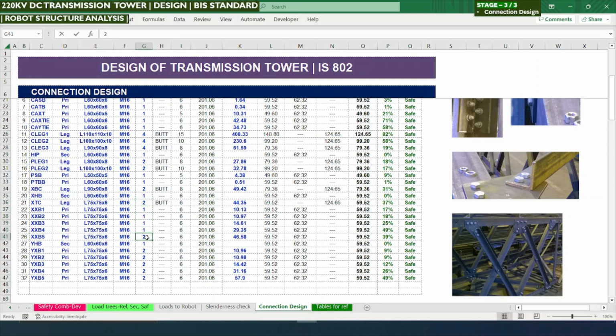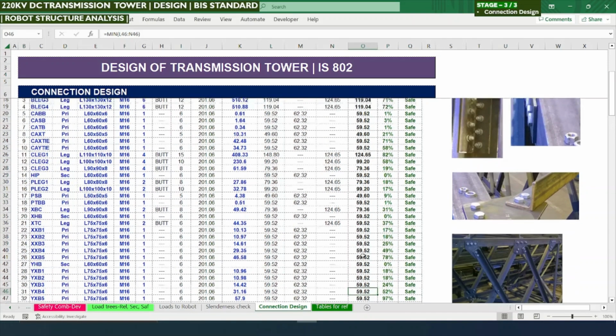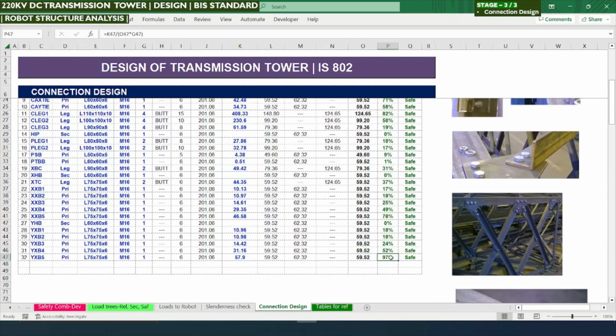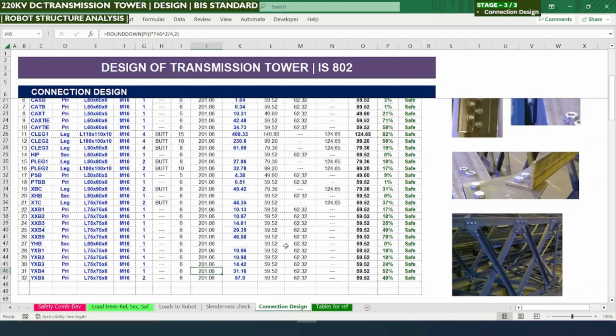One. So with one bolt all the bracings are safe. Even this bracing is having some 97%. If you are worried about this being near 100%, you can have 2 bolts, that's not a problem.